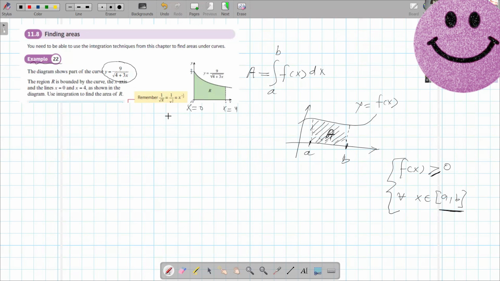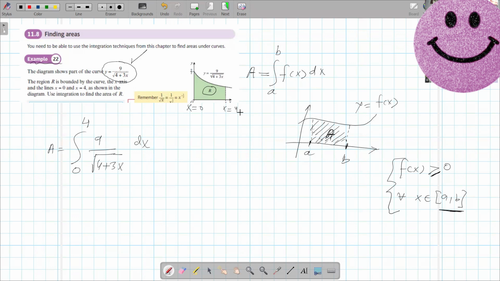As shown in the diagram, use integration to find the area of the region R. So as I told you, the area of the region can be simply calculated by integrating over this interval from 0 to 4 the given function. The given function here is the curve, 9 over square root of 4 plus 3x. This will give us the area under this curve, the area of this region R.